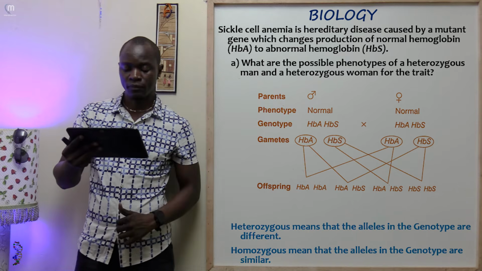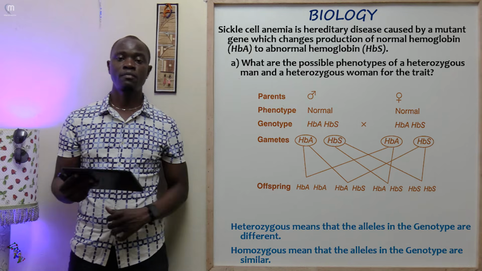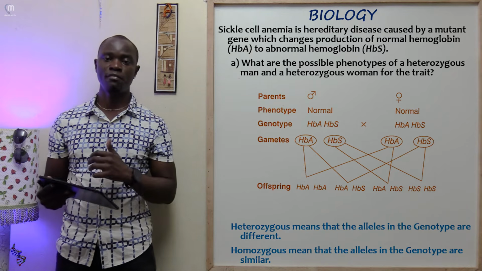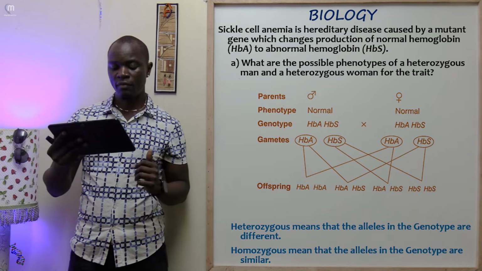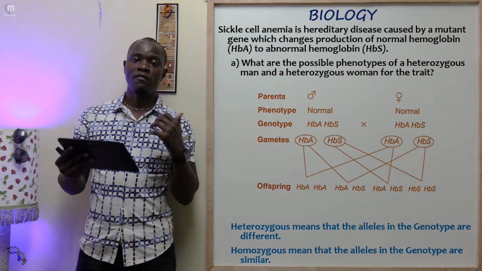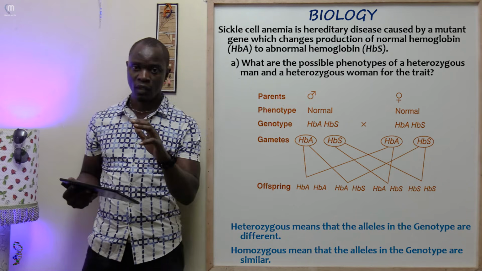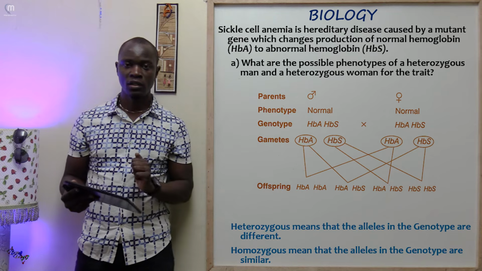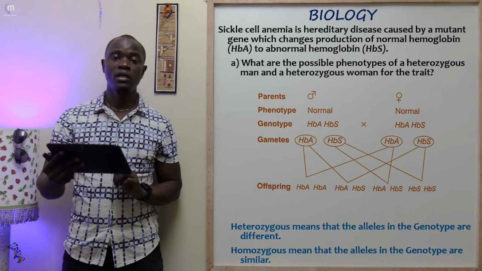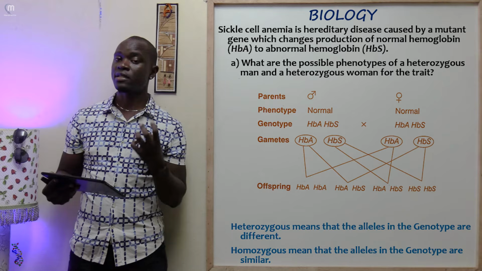As you can see in this genetic cross, we have crossed the genotypes HbA, HbS with HbA, HbS for the female. So the first offspring you are going to obtain is purely normal. You can see HbA, HbA. The second offspring is a carrier for the sickle cell. That is HbA, HbS.